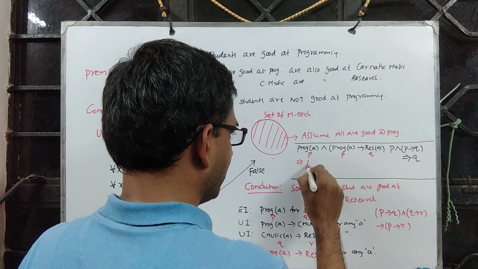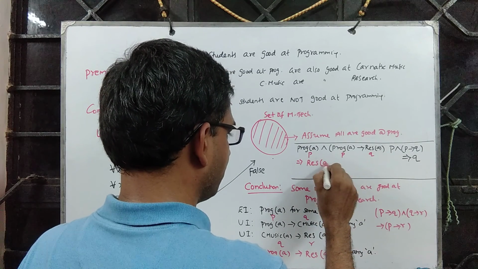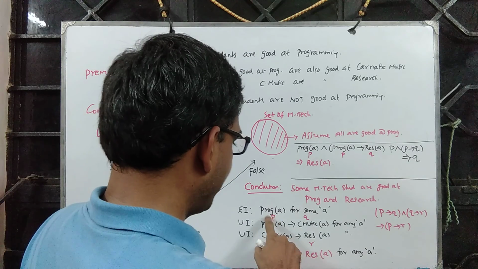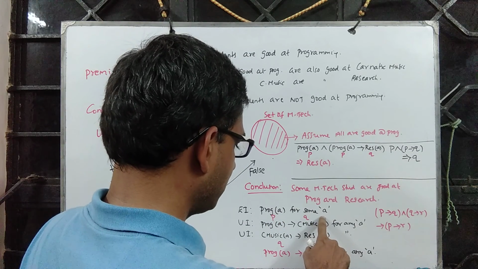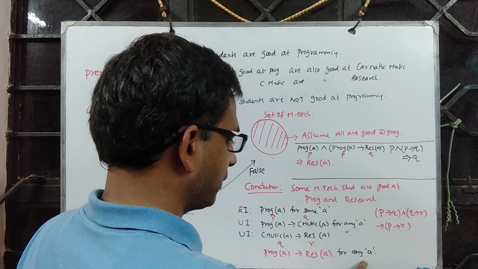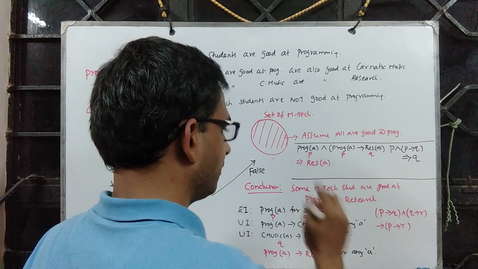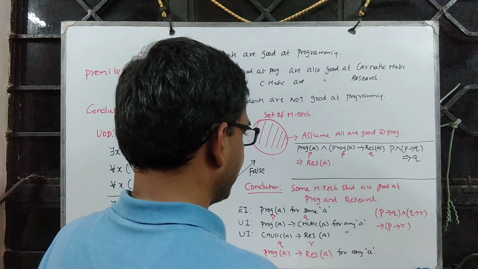Therefore, we conclude research of A. Please note, one of them is with respect to some, the other one is with respect to any. So which means some will take the preference.